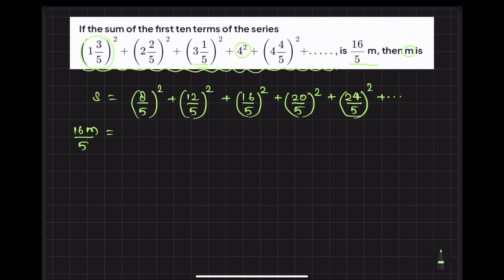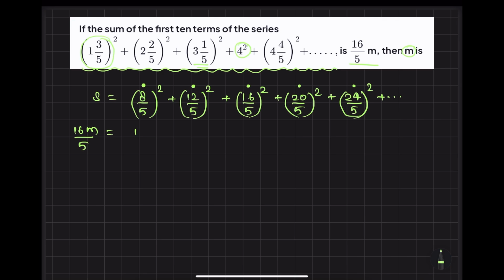Now look at how we will manipulate this question. Can I write this 8 as 4 2s are 8, 4 3s are 12, 4 4s are 16, 4 5s are 20, 4 6s are 24? Correct?